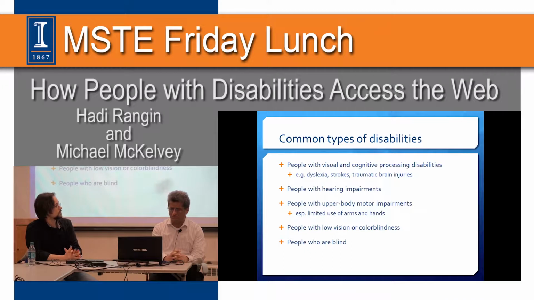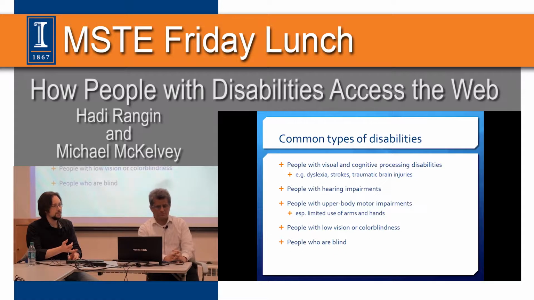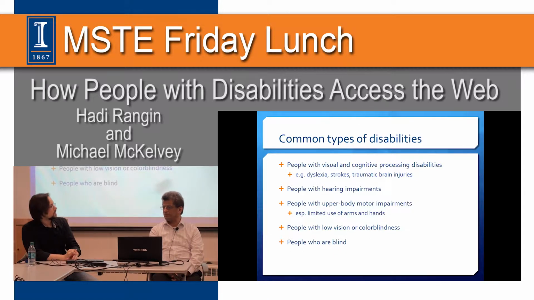So here are 5 of the most common types of disabilities. We have people who have visual and cognitive processing disabilities, which affects their ability to understand or interpret what's happening on a website. People with hearing impairments, typically either deaf or who have a lot of difficulty hearing.